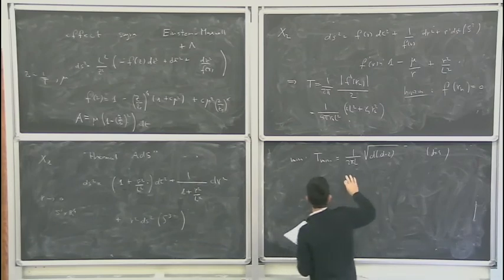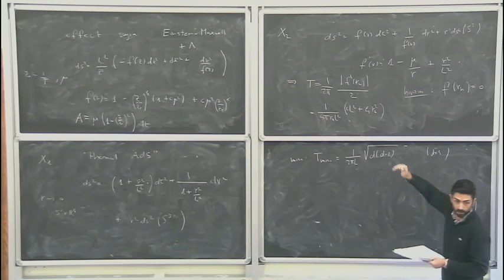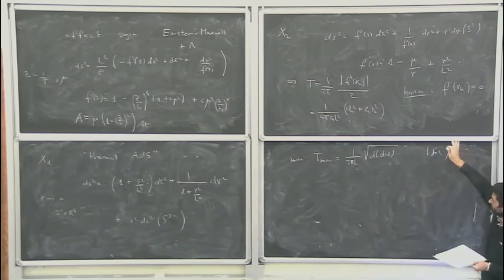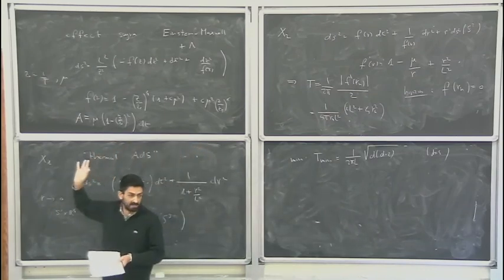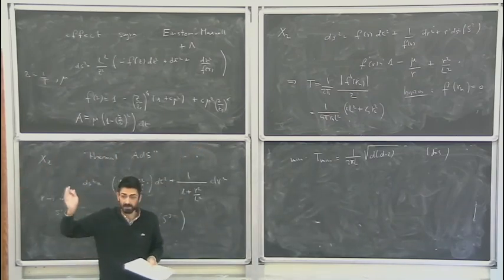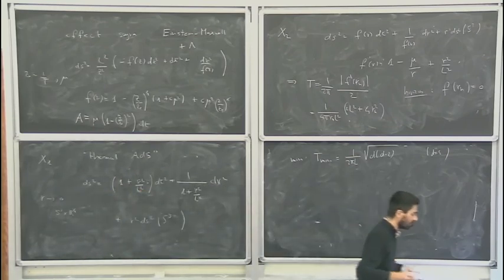So for T larger than this minimum value, both solutions exist. This one solution exists obviously, and the other exists because it exists for any temperature. It's a free parameter. You can really choose it to be anything between 0 and plus infinity.